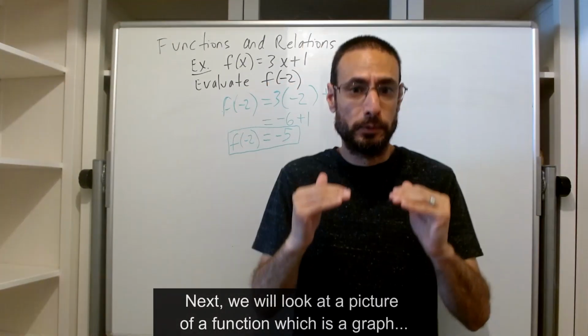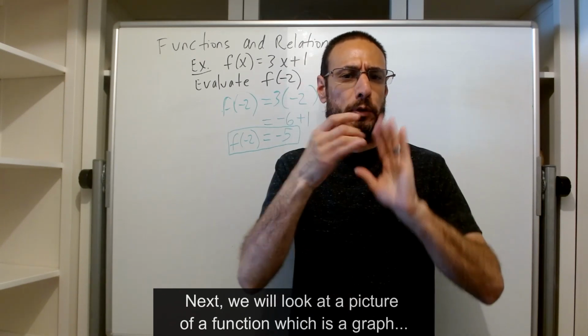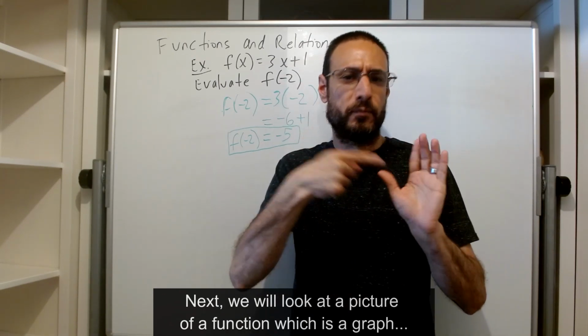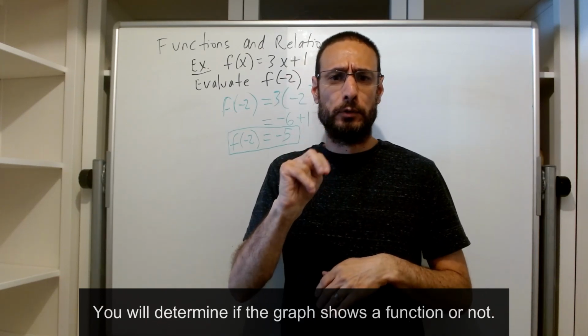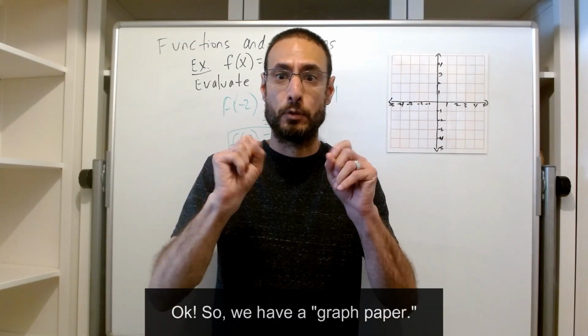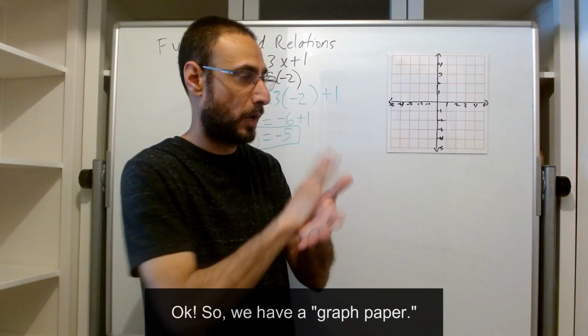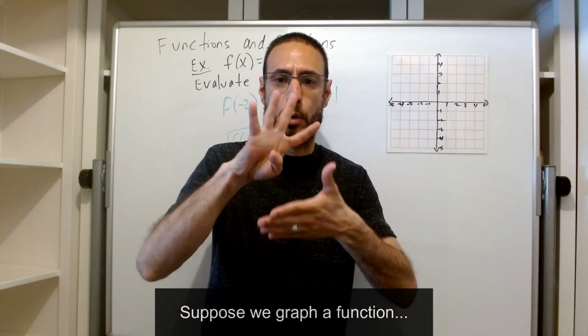Next, we will look at a picture of a function which is a graph. You will determine if the graph shows a function or not. Okay, so, we have a graph paper. Suppose we graph a function.